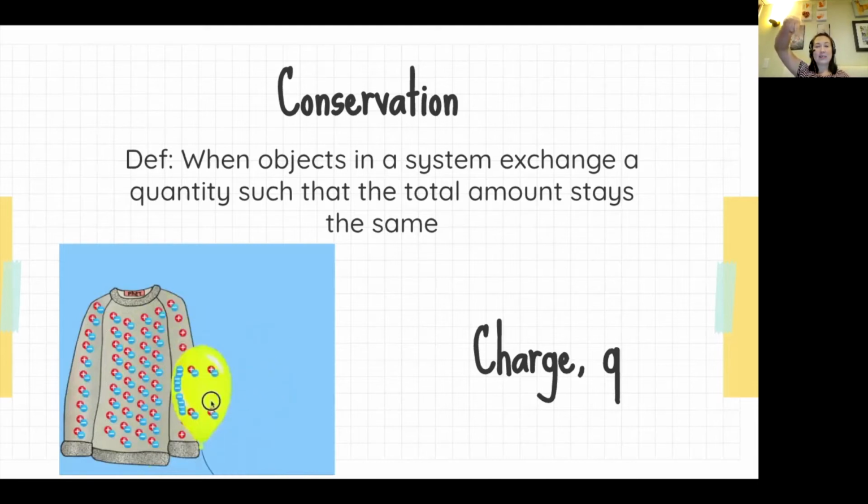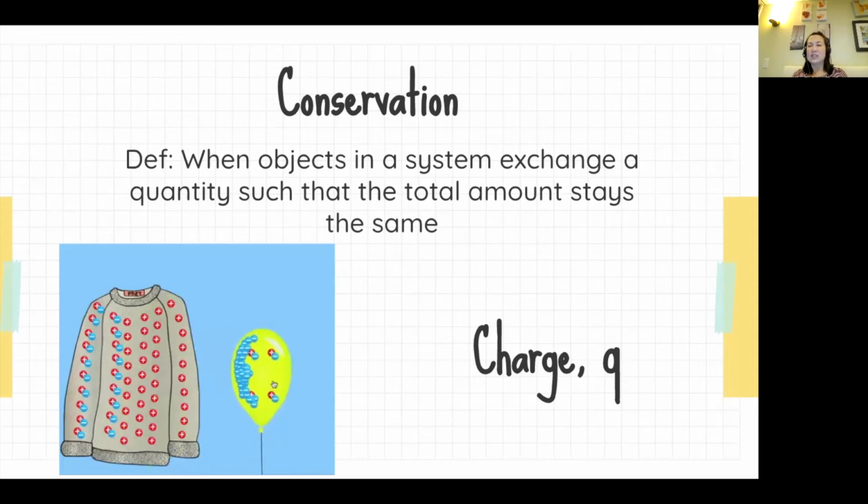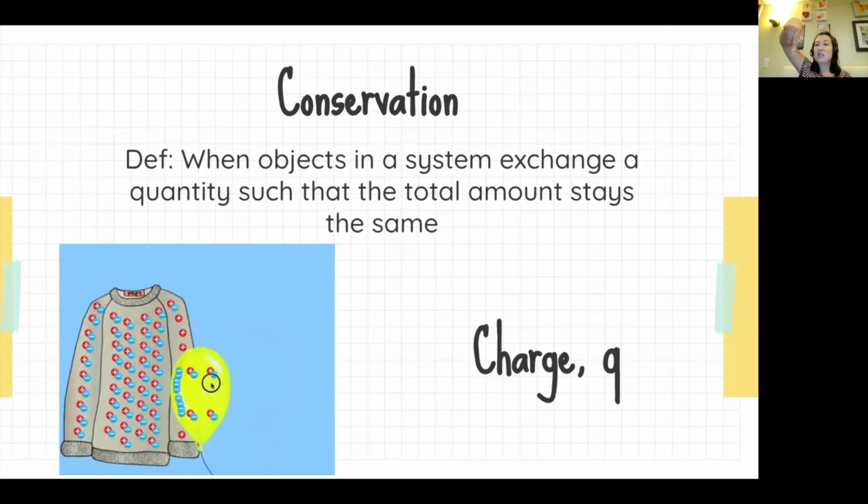So the sweater is positive, and they're only exchanging electrons between the sweater and balloon. That's a closed system. As a result of this interaction, the balloon gains electrons and becomes negative. The sweater loses electrons and becomes positive, but overall they're still neutral because they only move the charges from one place to the other. Get it?